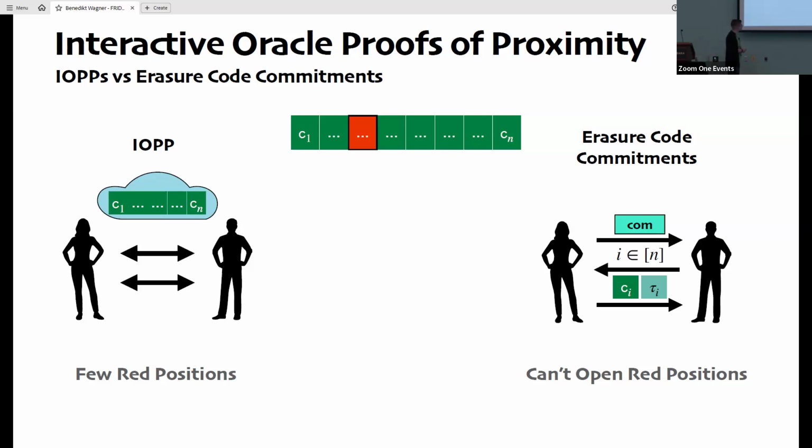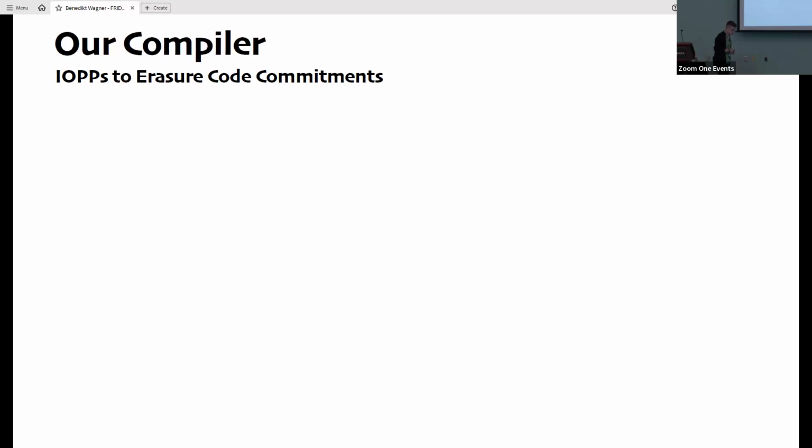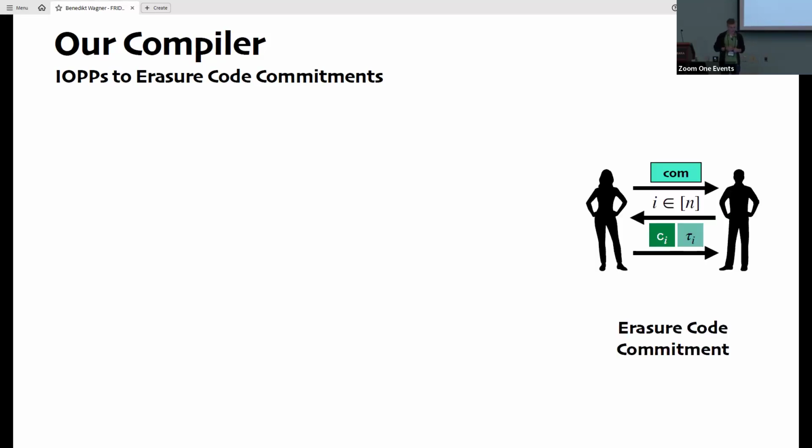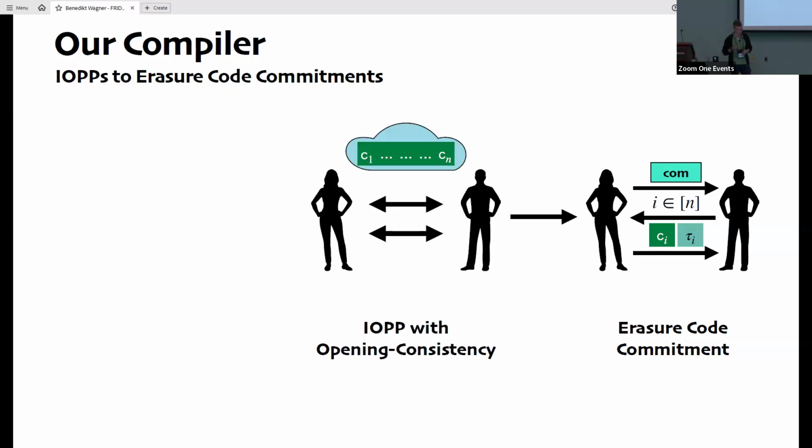Okay, so still, when we looked at this, we thought, okay, there has to be some way to turn IOPP into an erasure code commitment. And this is what we did in this work. So we give a new compiler that turns IOPPs into erasure code commitments. Okay, so we want an erasure code commitment. To recall, why do we want this? Well, we want data availability sampling. And in the previous paper, we showed that erasure code commitments imply DAS.